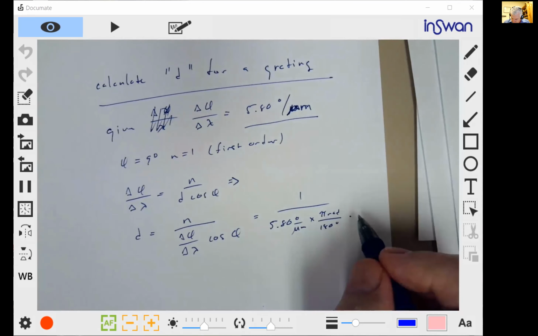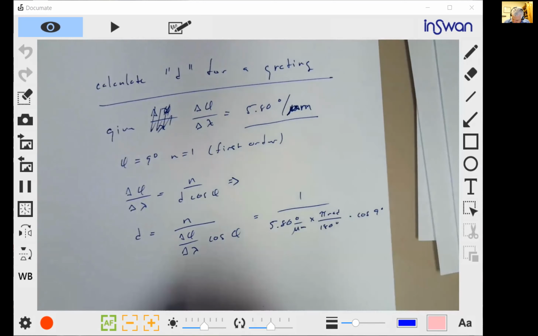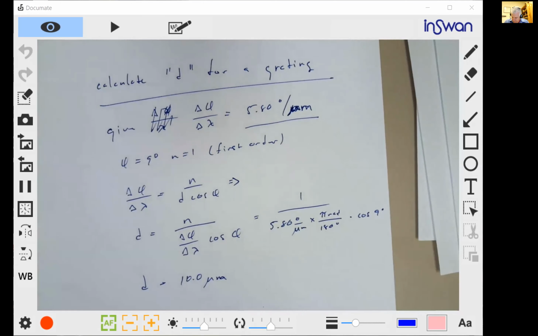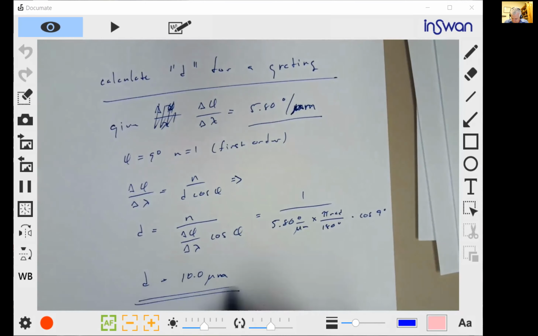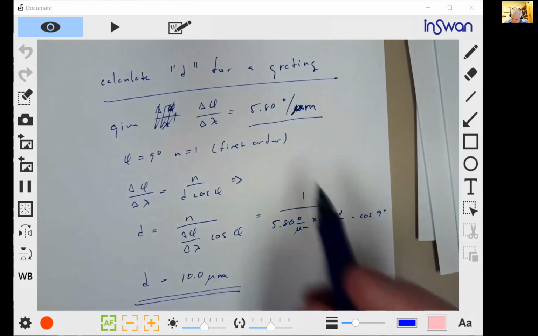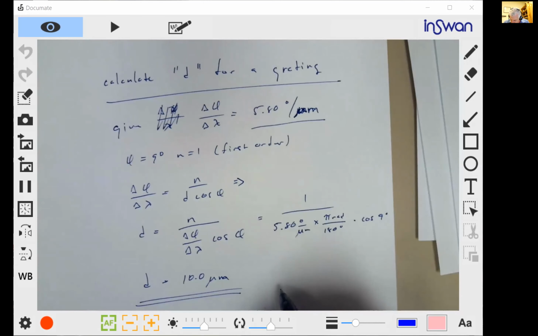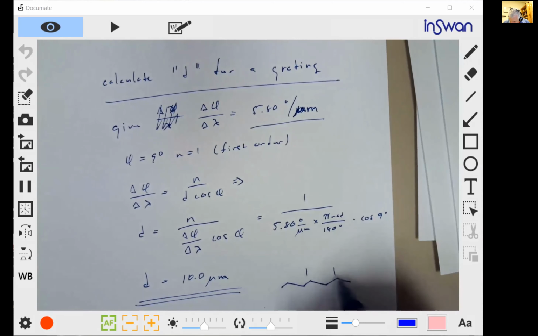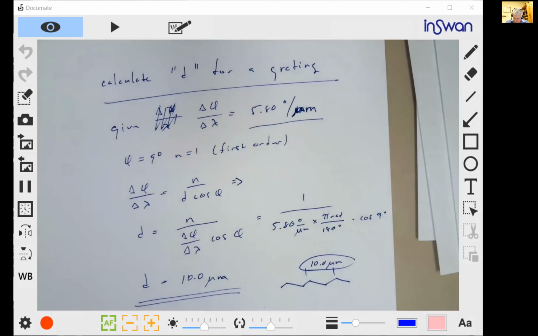And then we're going to multiply by the cosine of 9 degrees. Okay, and that gives us a d value equal to 10.0 microns. There's the answer. So for all the specifications that they made above, we would need a grating with a spacing of 10 microns.